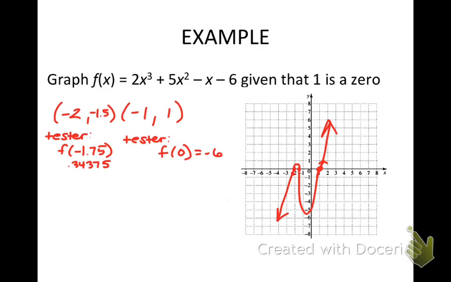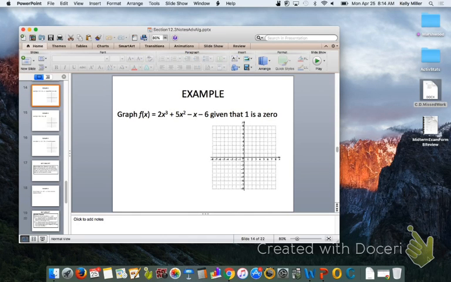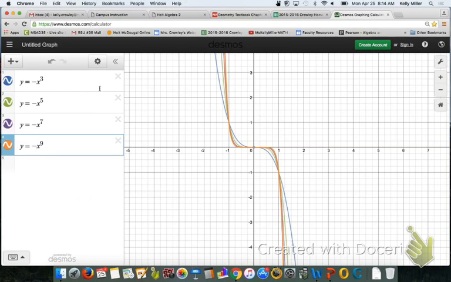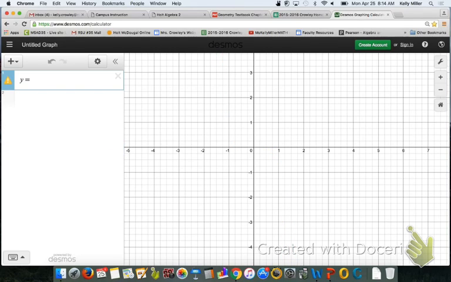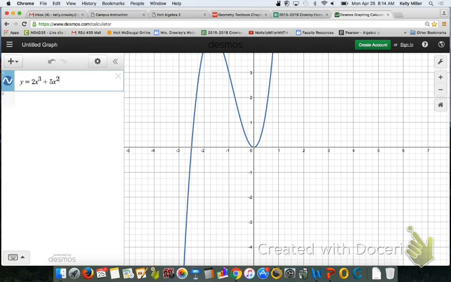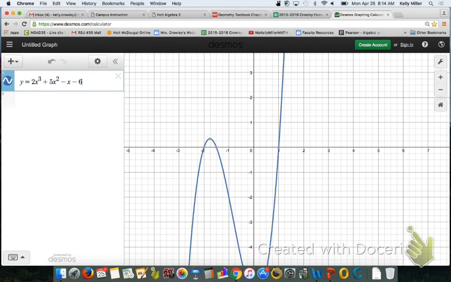If we were to graph this, you could see what it would look like. Let me do it on Desmos really quickly and see how accurate we were. So, y equals 2x to the third plus 5x squared minus x minus 6.